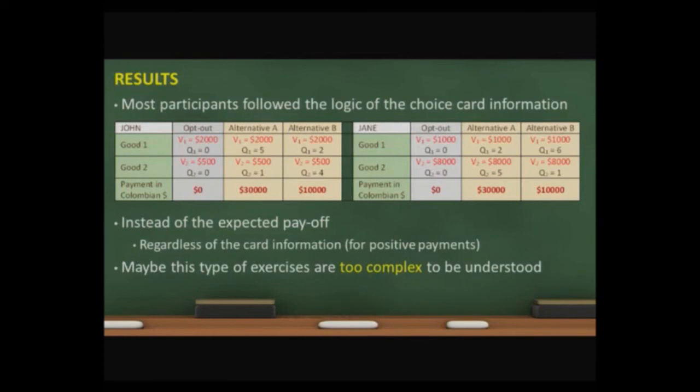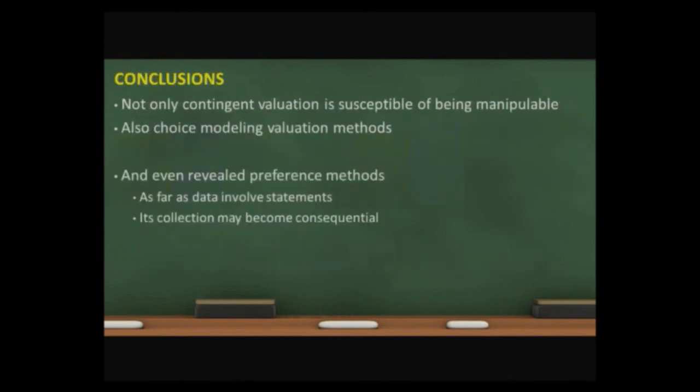The problem, I think, was that it was too complex for people to realize. And this, I think, is true in field experiments for most valuation exercises. Unless it's obvious, like in the zoo case, people don't realize, so they may lie, but for other reasons different than strategic behavior.